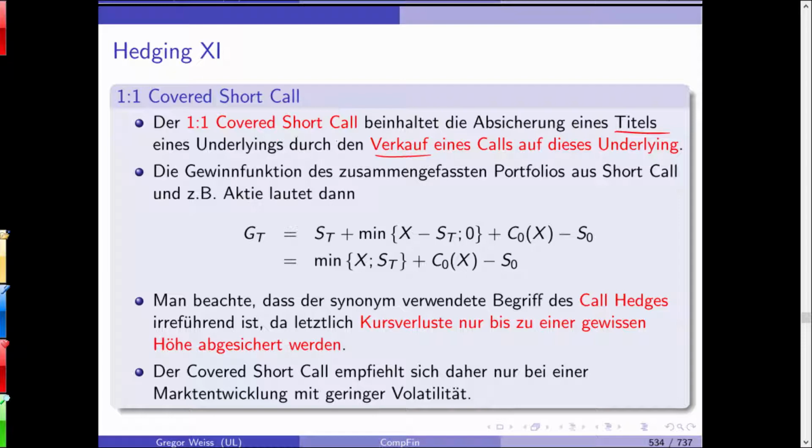And in this case, if you have a long underlying and a short call, it's ST plus the minimum of X minus ST plus C0 minus S0, and this is given by this formula. It's also sometimes called a call hedge in contrast to a put hedge. However, it is somewhat misleading because losses are not fully covered.